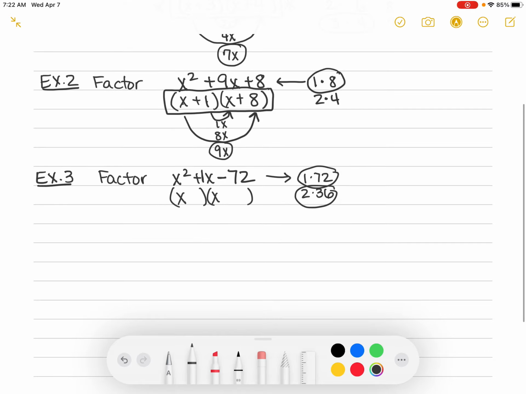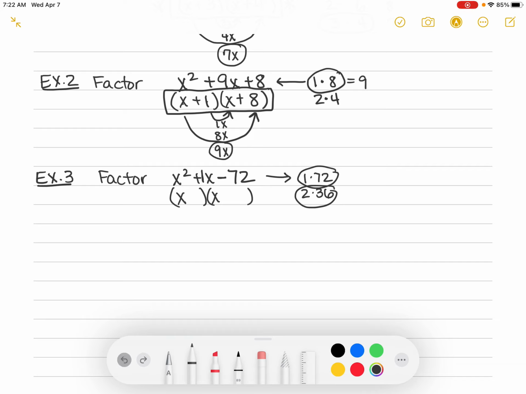Up here, remember we added. 1 plus 8 is 9, right? 1 times 8 is not 9. So I was adding, but now I'm going to be subtracting because of that minus sign. I need to subtract to make the number 1.